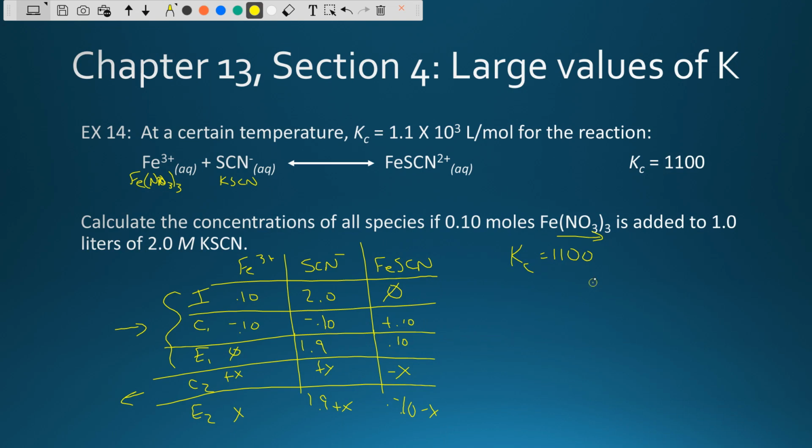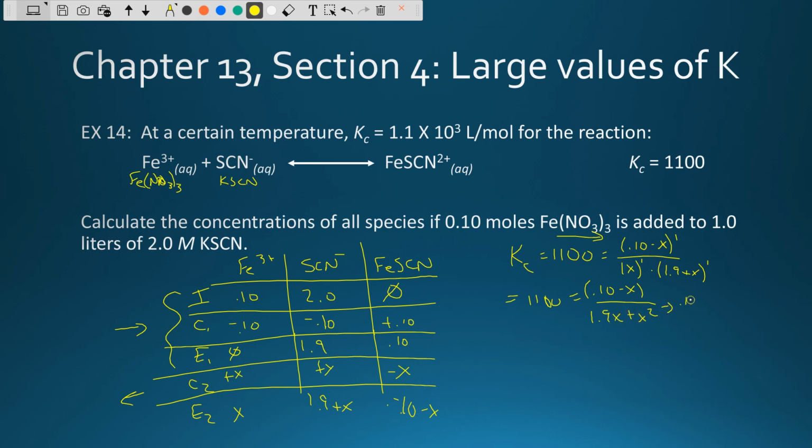And so my Kc value will equal 0.10 minus x to the first power over x to the first power times 1.9 plus x to the first power. Okay, that will give me 1100 equals 0.10 minus x over 1.9x plus x squared.